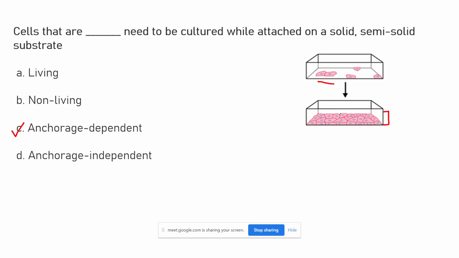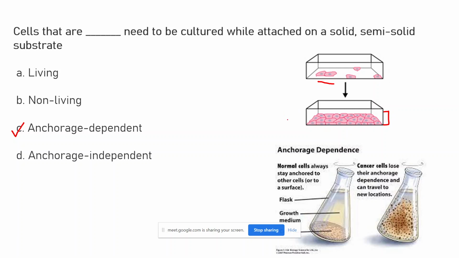Cells which are anchorage dependent form a monolayer on the flask or dish surface, and once they have formed a monolayer, they do not go on forming a multilayer. This is the normal property of any cell except for hematopoietic cells, which are blood cells. Normal cells will always stay anchored to the surface or to some other cells. For example, in this flask there's a clear growth medium, but at the bottom of the flask where they have found a surface, they're attaching and growing.